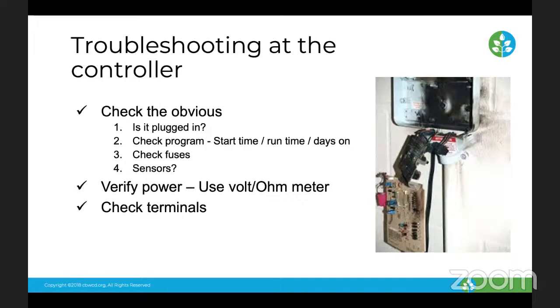Most of these controllers have a backup battery, usually a 9-volt battery, which will keep the time and the program set. So even if there is no AC power, if the power is out, the breaker's out, it's just not plugged in, it'll still give you the time and keep the programs, but it won't run the valves. So it might be a little tricky. Even though you don't have power, it'll look like it has power.